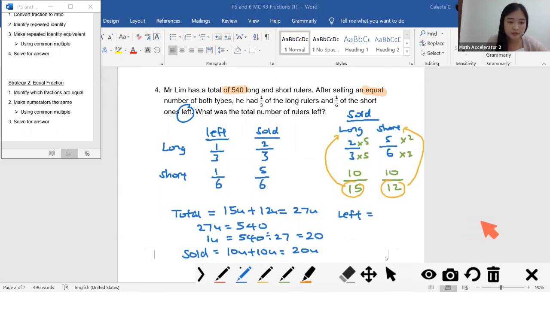What is left? Yes, 27 units minus 20. Total minus what is sold, you will have whatever is left, 7 units. So 7 units, okay, you have 1 unit which is 20 times 7, and you can get your 140 as your answer.